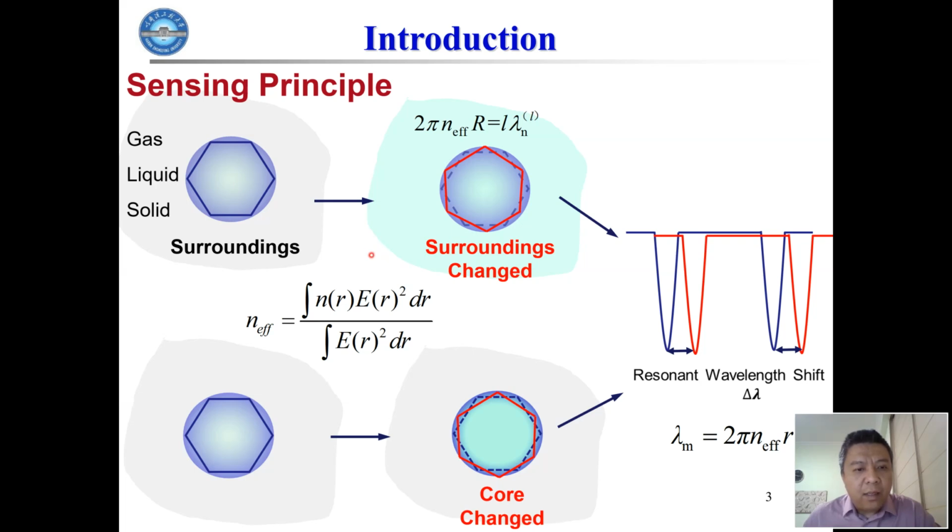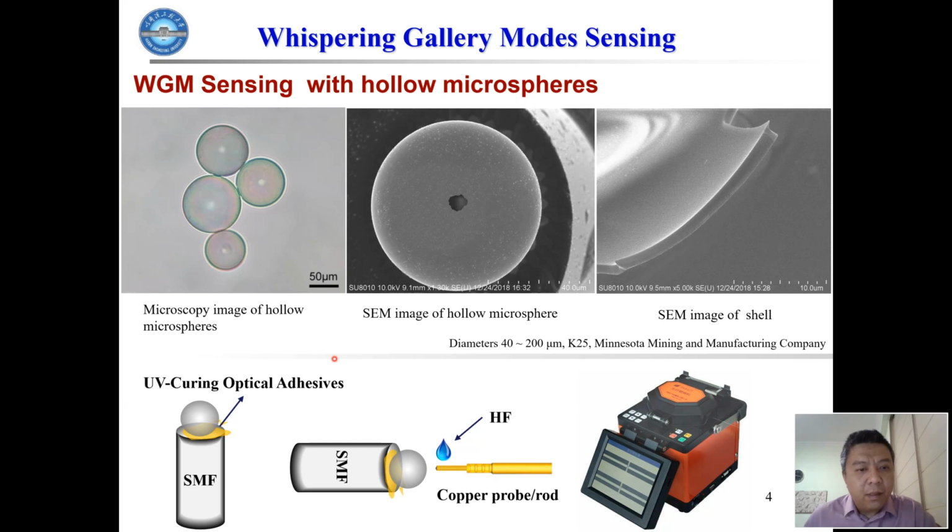However, if the surroundings do not change but the curvature of the microsphere is changed, it will also cause a resonance wavelength shift because the effective refractive index was changed. So we did some work on how to change the curvature of the sphere.